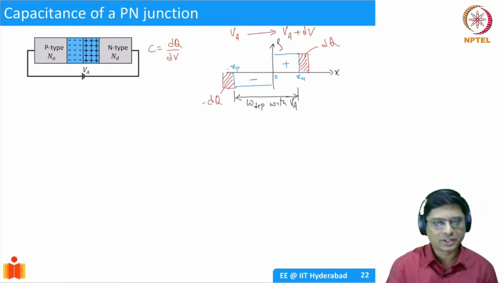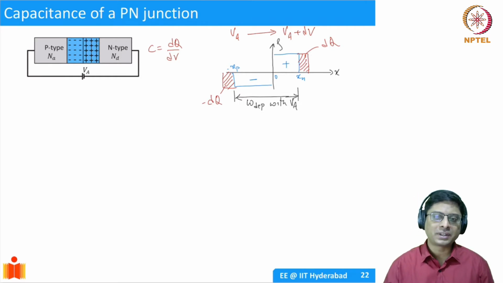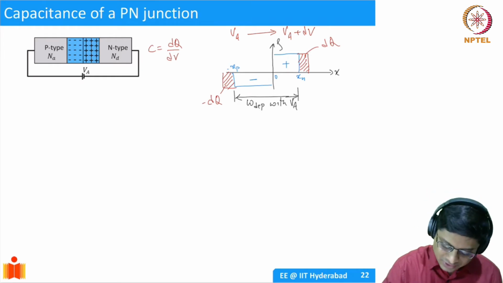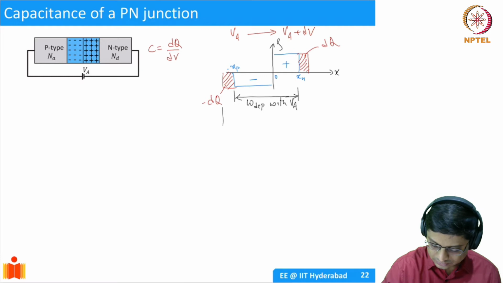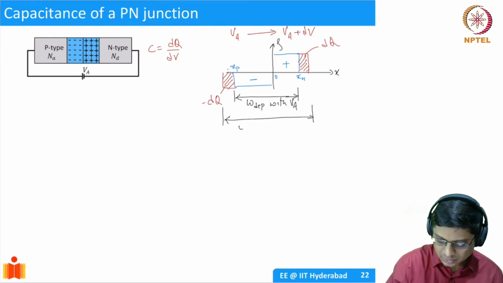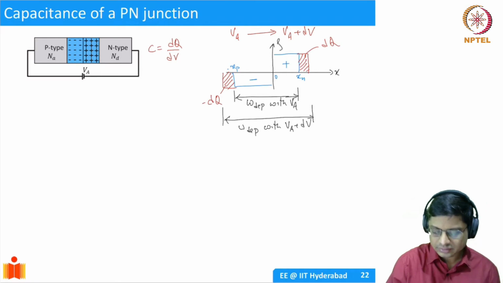This is going to be minus delta Q that is introduced. So what happened as a result of application of an additional voltage dV? The depletion region has become wider. So this is my new width, W depletion, with VA plus delta V, right?